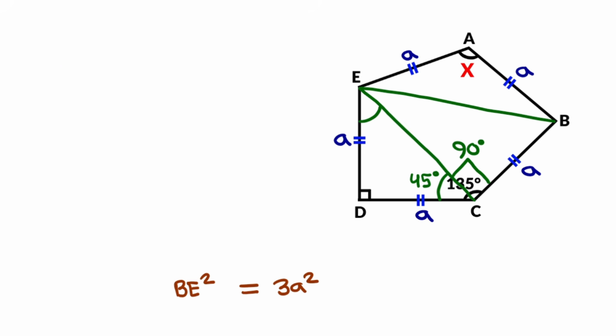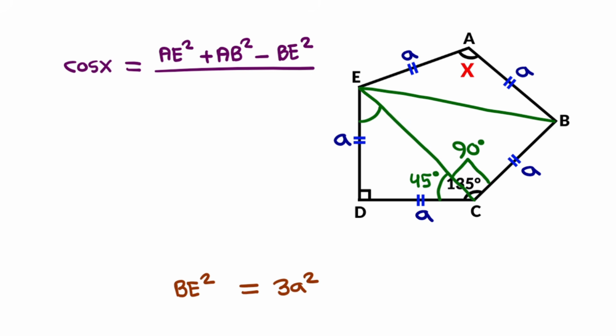The formula tells us cosine of X equals AE squared plus AB squared minus BE squared, all divided by 2 times AE times AB. Now let's substitute.